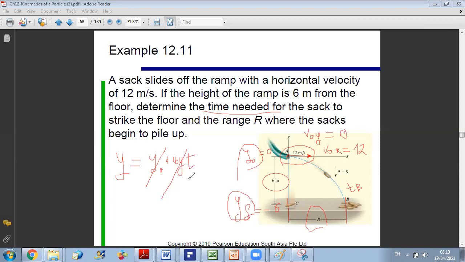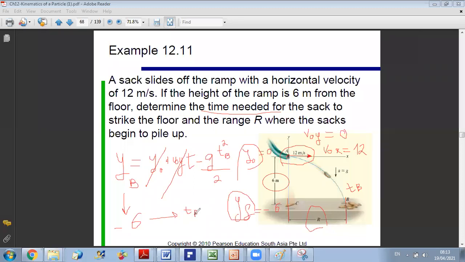So this will simplify. Minus g t squared over 2. So if I apply at point B, y of B will be equal to minus g tB squared over 2. So replacing yB by minus 6, then I can get the value of tB.